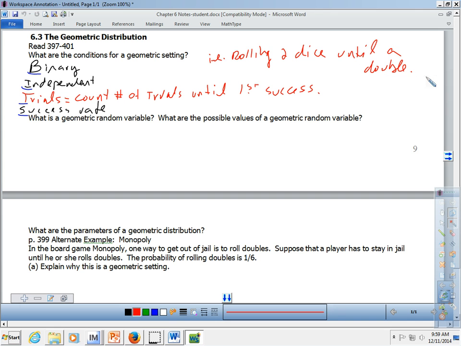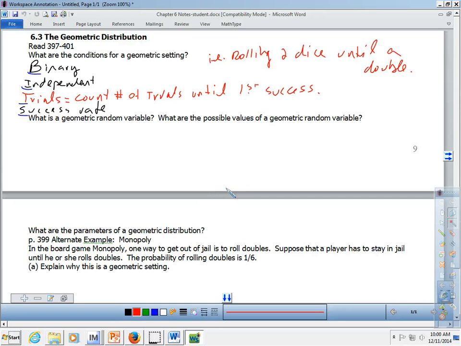And we're going to count the number of trials it takes to get there. So if a situation fits the geometric setting, then we can use a geometric random variable to describe the possible outcomes.